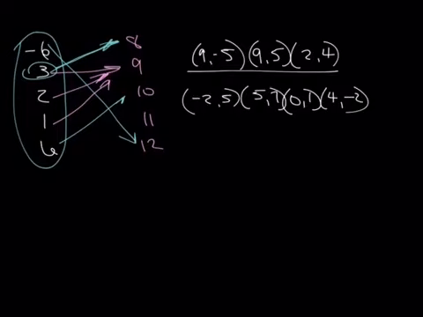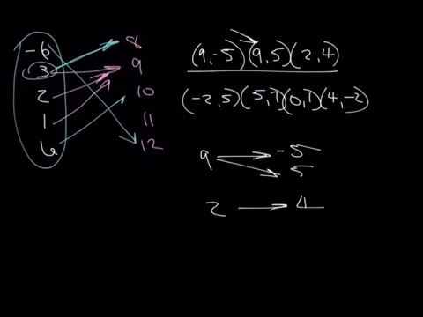All right, this top one has a 9 going to a -5, but it also has a 9 going to a 5 and a 2 going to a 4. So notice what we've got here. This 9 goes to two different ranges, two different y values. That means it is not a function. So notice here, when you have a whole list of coordinates, whenever the x occurs more than once, this is not a function.